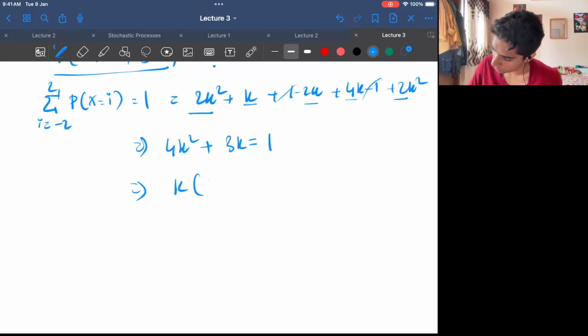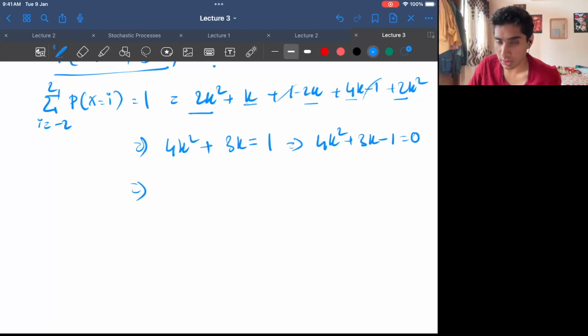So k into 4k plus 3. Okay, sorry. So you just take this thing here. So this implies 4k square plus 3k minus 1 is equal to 0. And what are the roots of this equation?